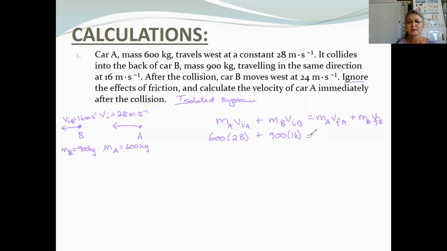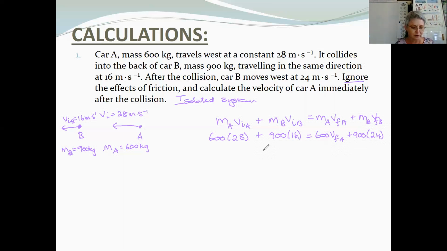Mass of A is 600. We don't know the final velocity of A. Mass of B is 900. Final velocity west is 24 meters per second.